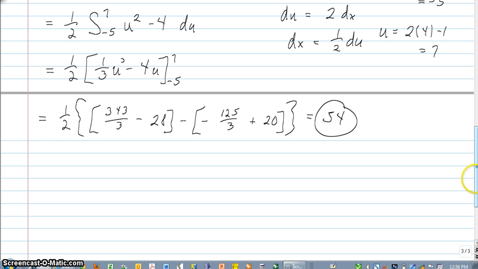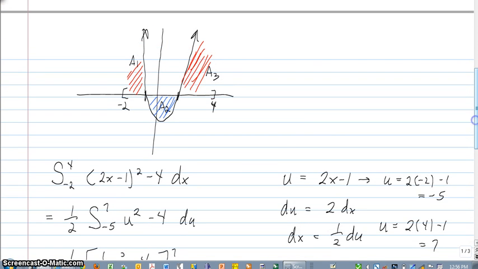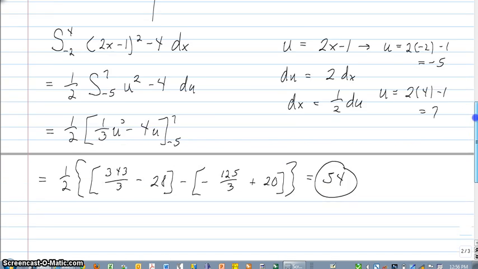Now if somebody said, well, what's the absolute positive area? What's area 1, area 3, and area 2 combined if you consider them all positive, which we wouldn't do when we compute the definite integral, but we could approach the problem that way. Then we'd have to break this up into 3 separate integrals.